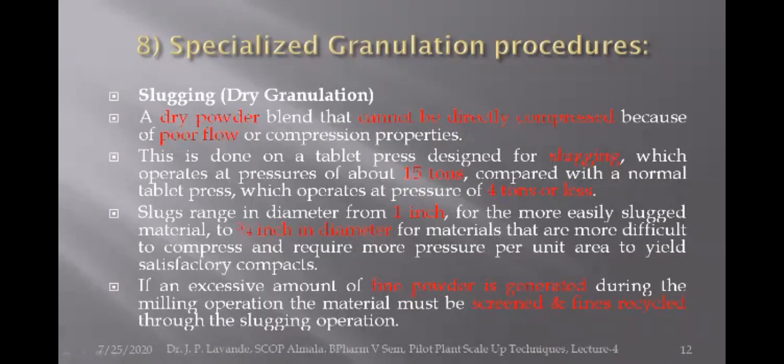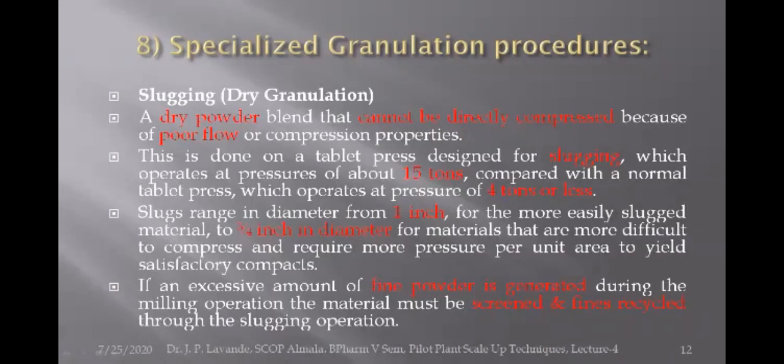If an excessive amount of fine powder is generated during the milling operation, the material must be screened and the fine powder recycled through the slugging operation. During the process of milling, the size reduction, sometimes fine particles are produced.